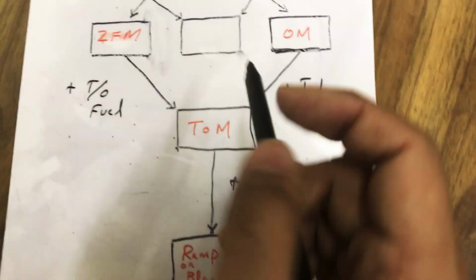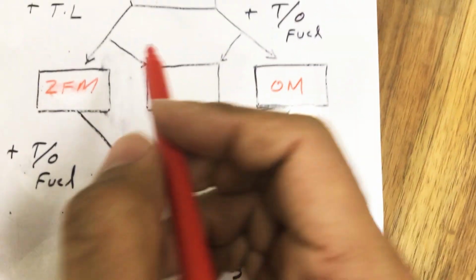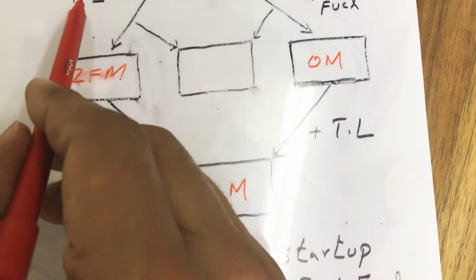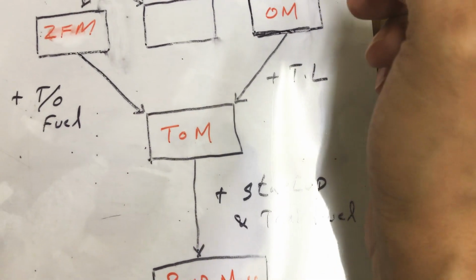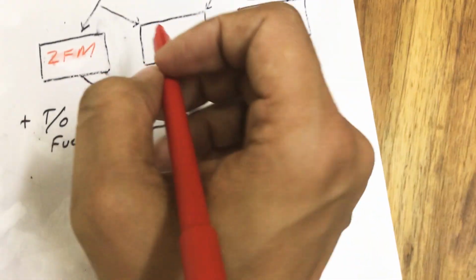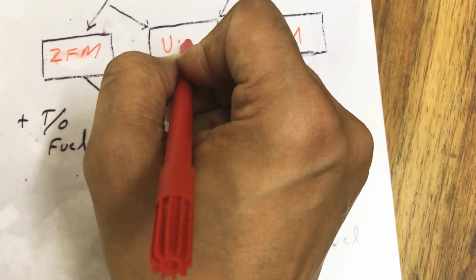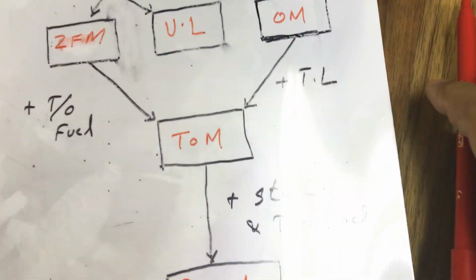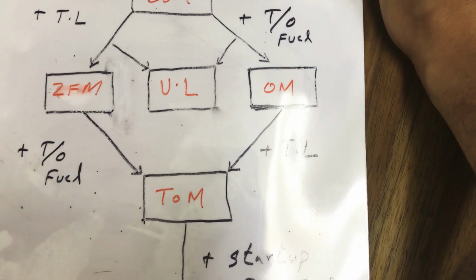There is another box which shows us that if we include traffic load plus takeoff fuel, it will give us useful load. So the center box is useful load.